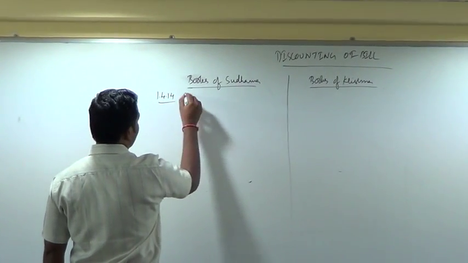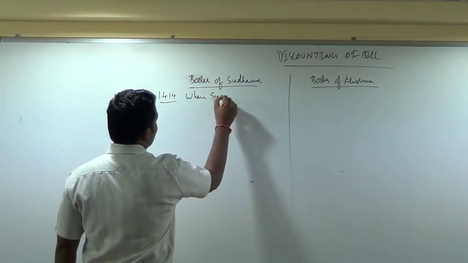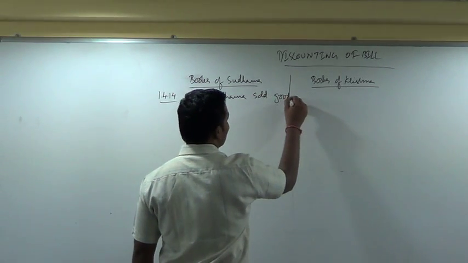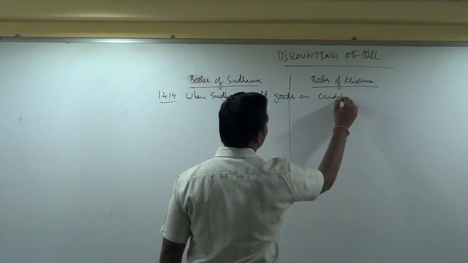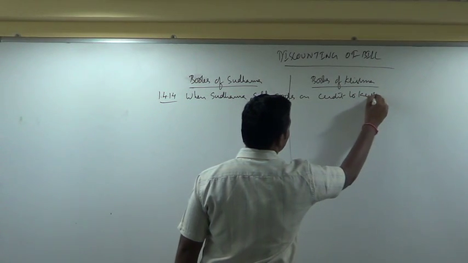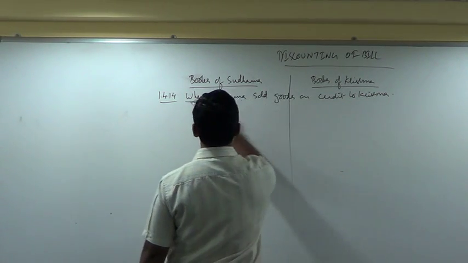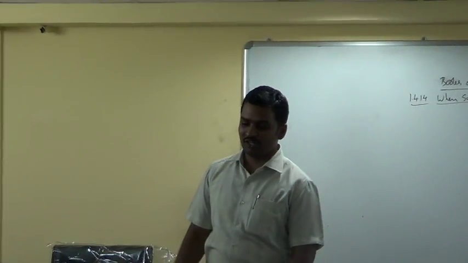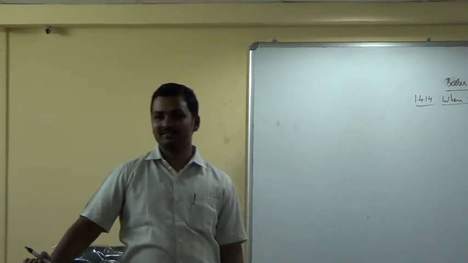1st April 14, when Sudama sold goods on credit to Krishna.